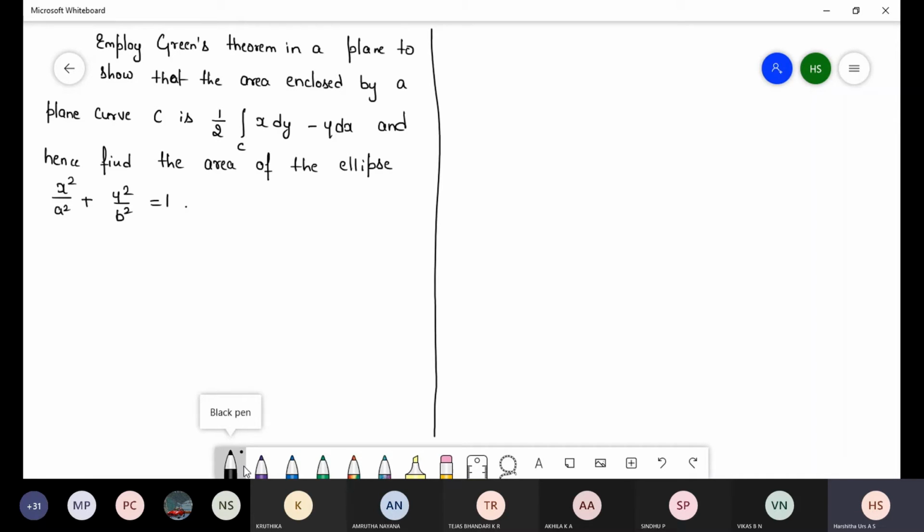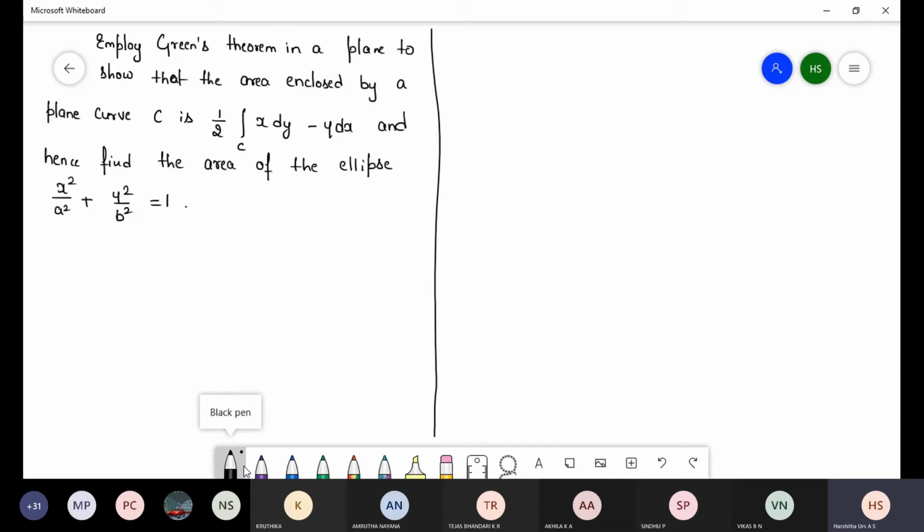This is a question paper problem, and the same question they have asked in the assignment also. You can see assignment number 16. There, in the question paper, they won't mention this curve. They just ask to verify Green's theorem for the area of the ellipse x square by a square plus y square by b square is equal to 1.